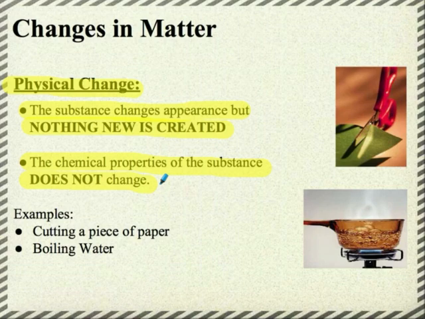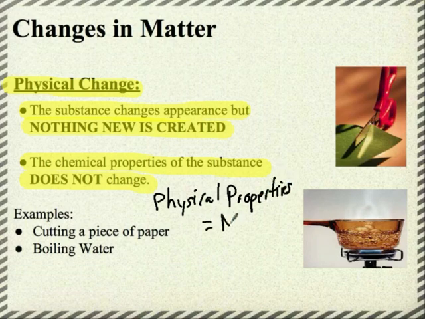And the same thing, and I didn't really write this, it's not exactly perfectly true, but the physical properties also do not change that much either. I'm going to put physical properties equals no change. When I say no change, I mean the big stuff, like the density of the object still doesn't change, the color of the object doesn't really change.